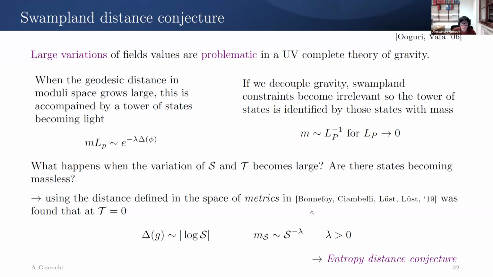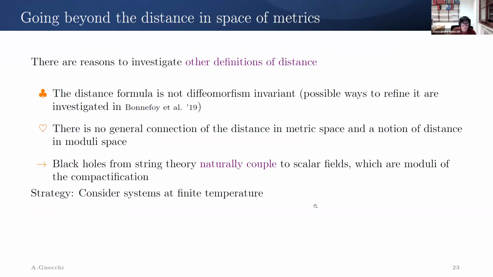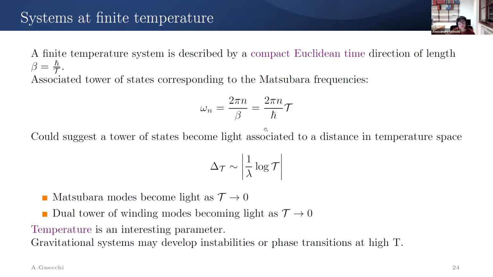So what we did was take into account the black hole solutions that I was telling you. Well, this was just a comment on possible different definitions of distance, and we tried to study distances in temperature and entropy, because they have to do with black holes, and the black holes are coupled to scalar fields, and so maybe they are also related to the distance in moduli space.